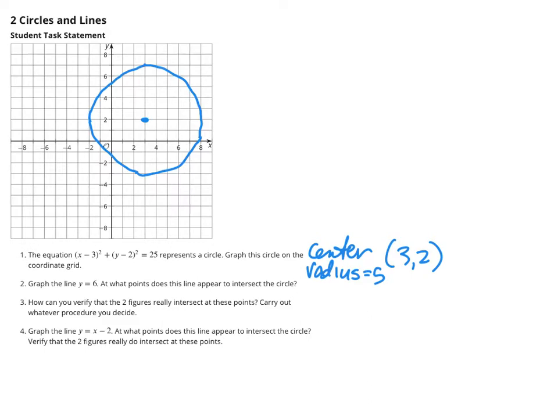Graph the line y equals 6. So I'm going to do that in red. Y equals 6 is a horizontal line that crosses the y-axis at 6. At what points does this line appear to intersect the circle?